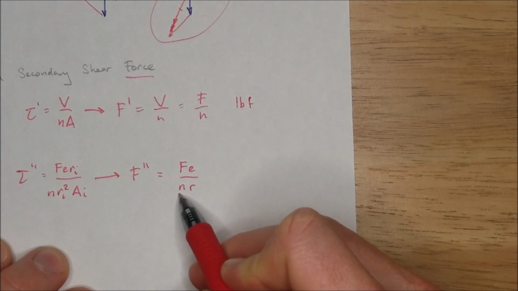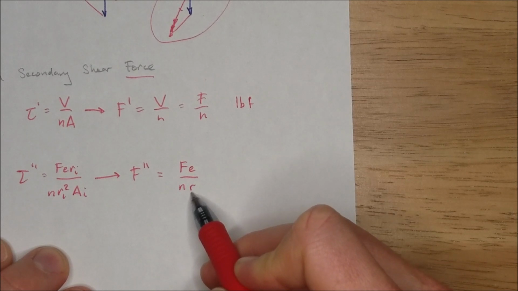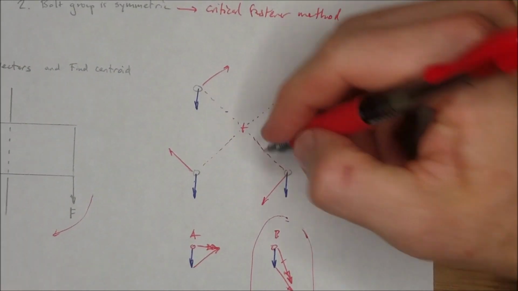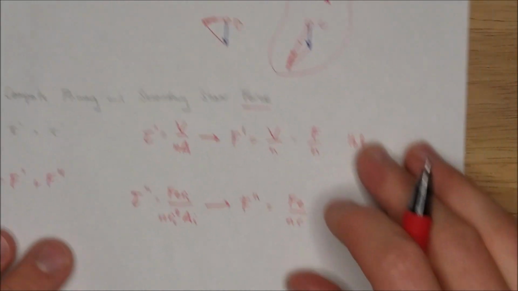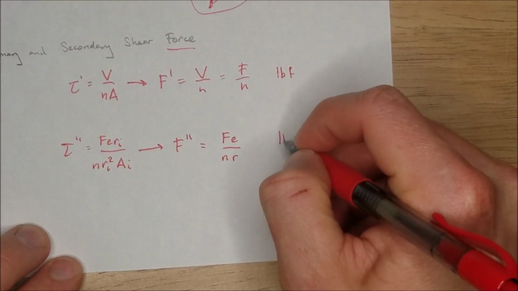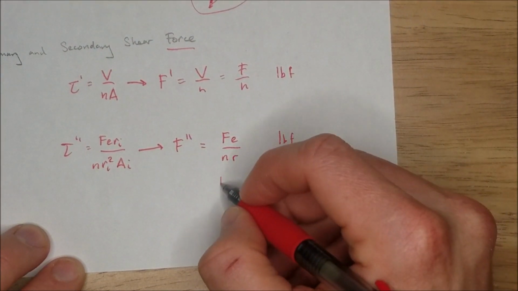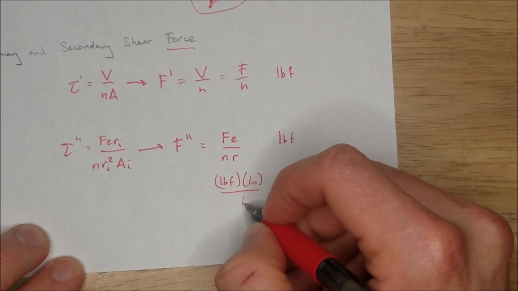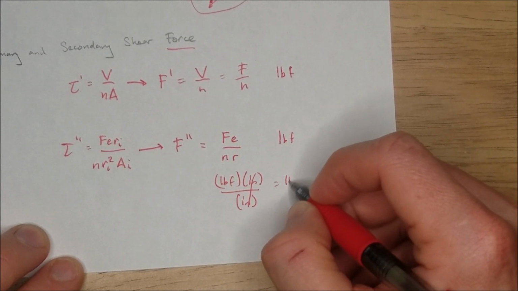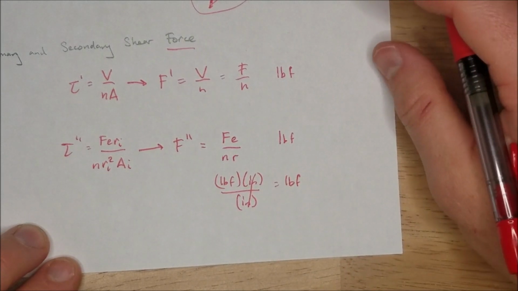Number of bolts, N. R here is the radius from the critical fastener to the bolt group centroid. So again, our units here are pounds force because that's pounds force times inches over inches. Always want to make sure we get our units right.